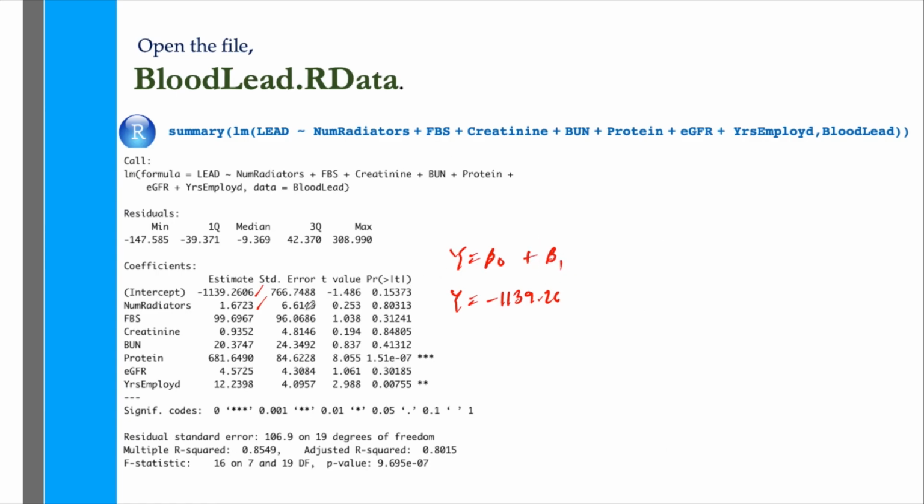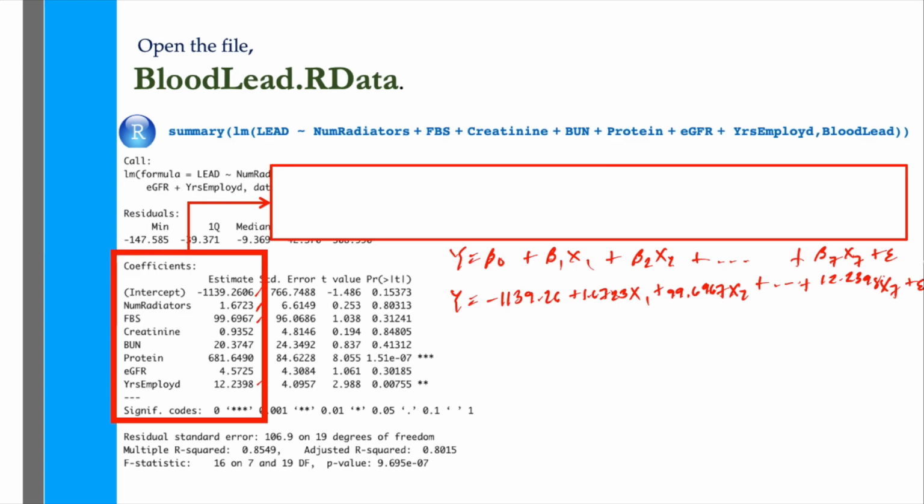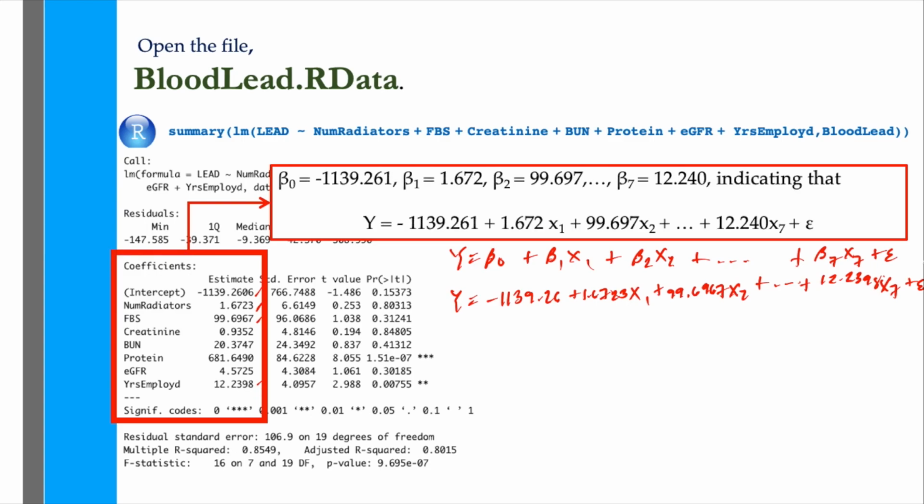Next, we have beta sub 1, which is 1.6723 of x sub 1, whatever is the number of radiators, plus beta sub 2, which is 99.6967 x sub 2, and so on, until you have the last one, which is beta sub 7, which is 12.2398 times x sub 7, which is the years employed, plus some error term.